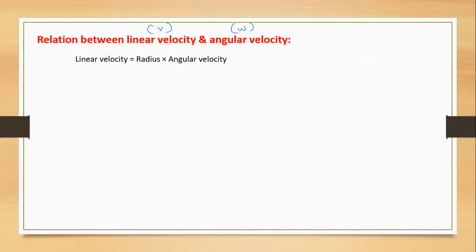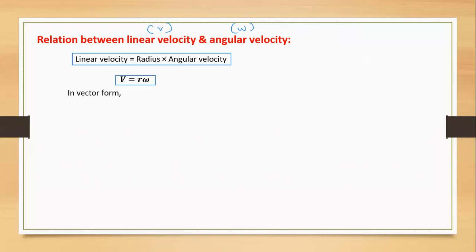Linear velocity is equal to radius into angular velocity. Let me write in symbolic format. v is equal to r omega. So v is the linear velocity, r is the radius, and omega is angular velocity.